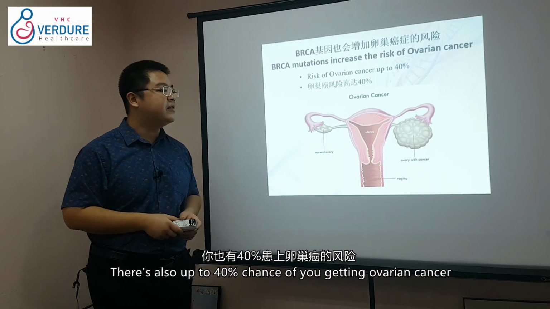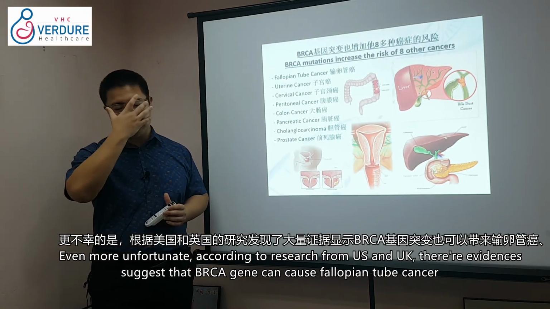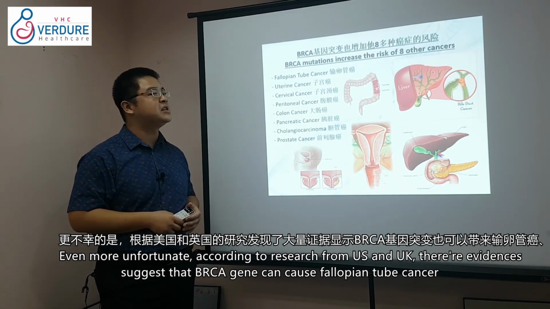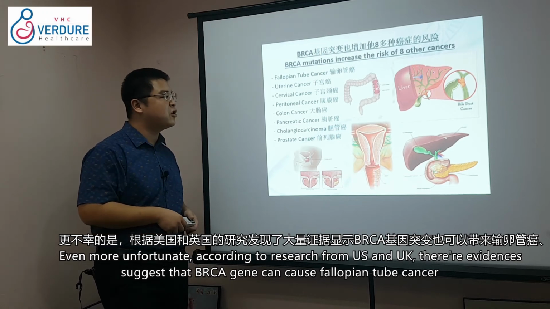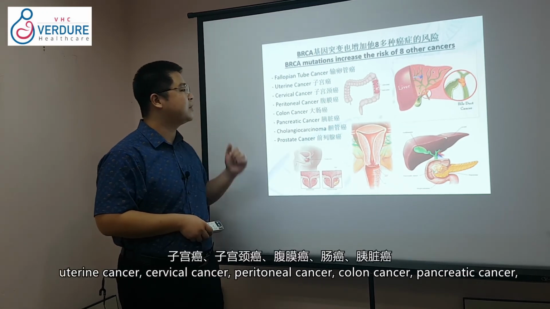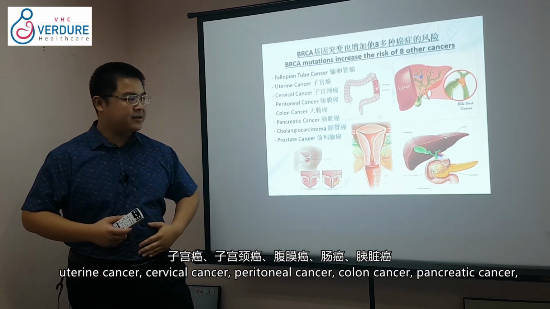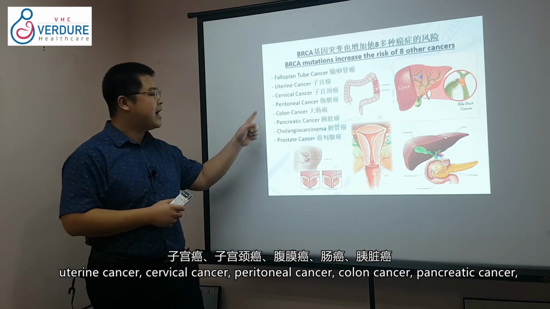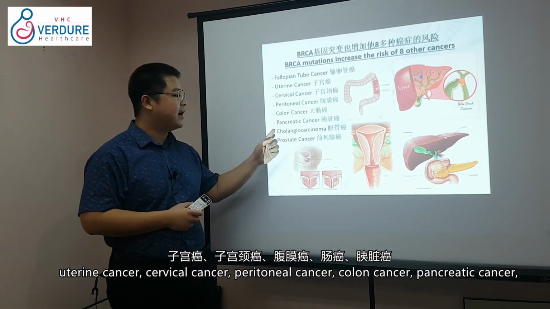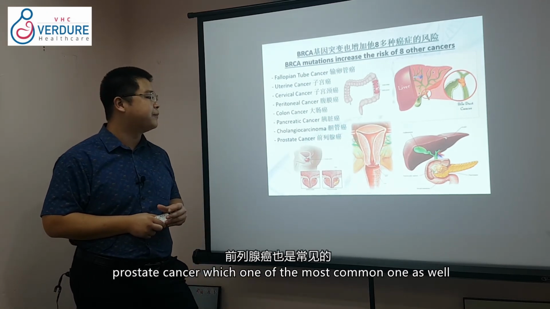And even more unfortunate, according to many researchers from the US, the UK, and around the world, there is evidence to suggest that BRCA genes can cause fallopian tube cancer, uterine cancer, cervical cancer, peritoneal cancer, which is the kind of organ over here, and then colon cancer, pancreatic cancer, and prostate cancer is one of the more common ones as well.